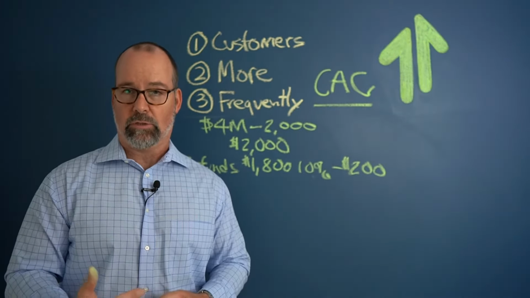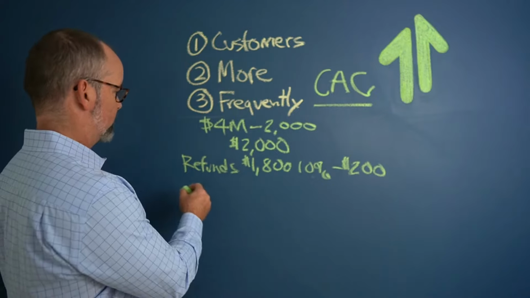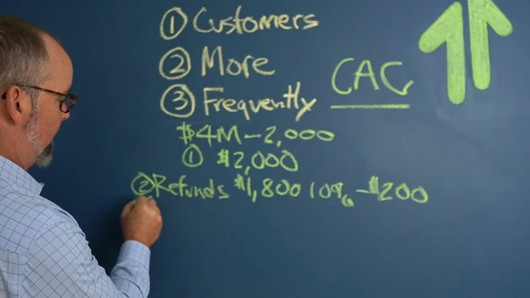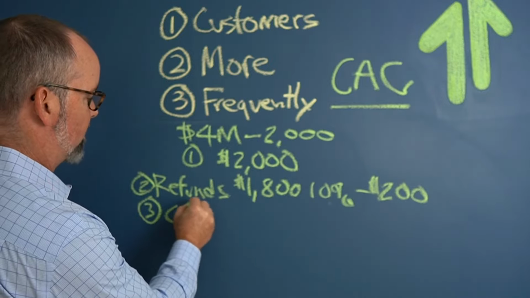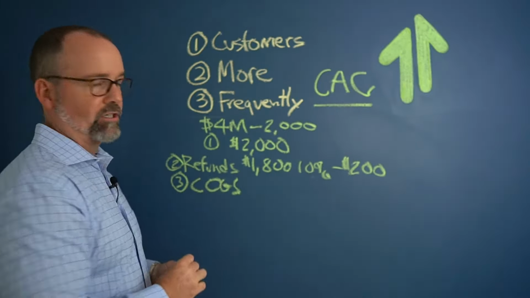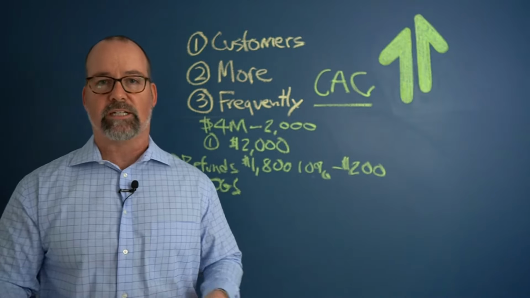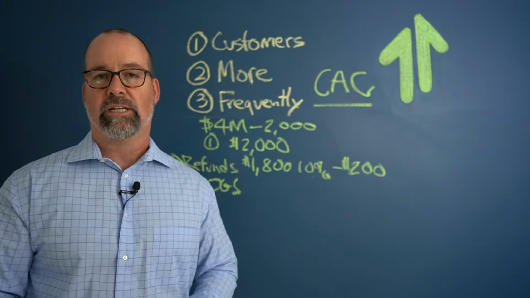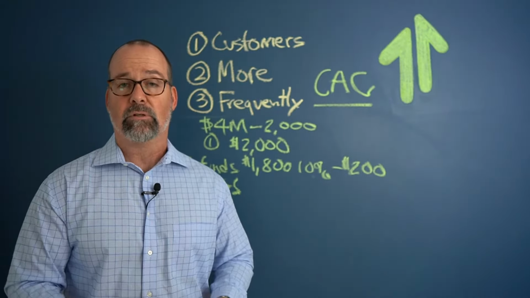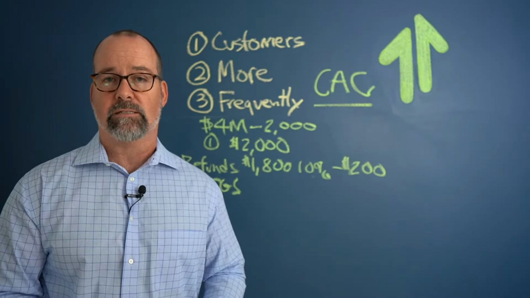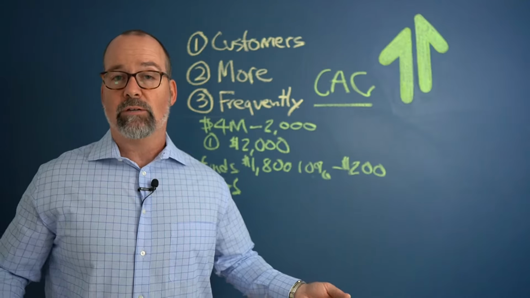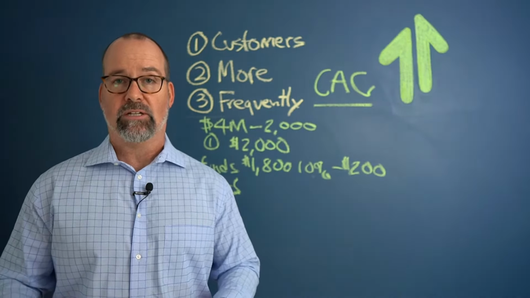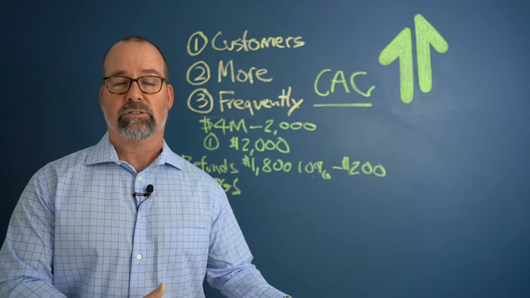The next thing you want to do, and even though this is sort of the first step, this is the second step. The third step is to figure out, what are your COGS? What are your cost of goods sold? Now, this is what it costs you to manufacture or produce your particular product. For example, COGS for a service-based industry might be anyone related to the payroll that is in a position to deliver the product or service to the customer.